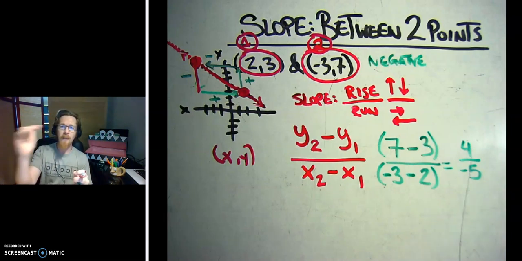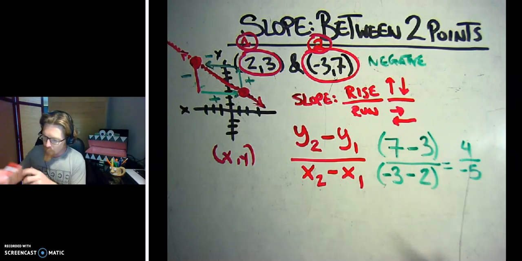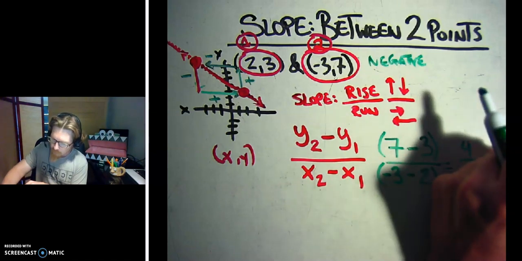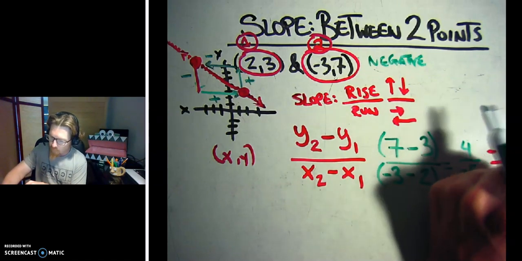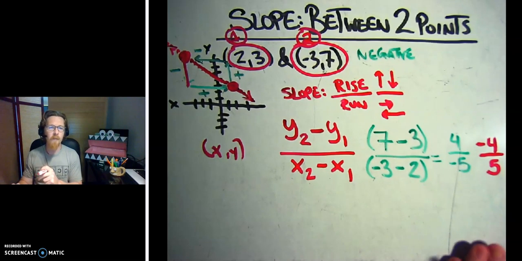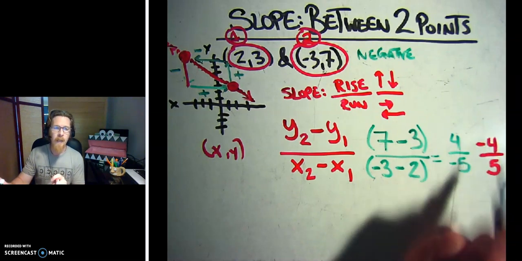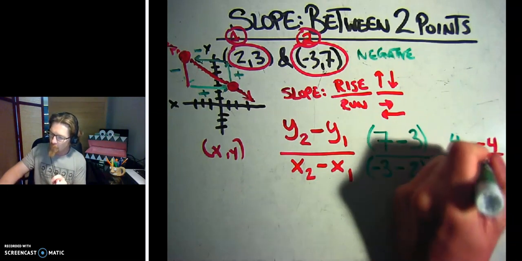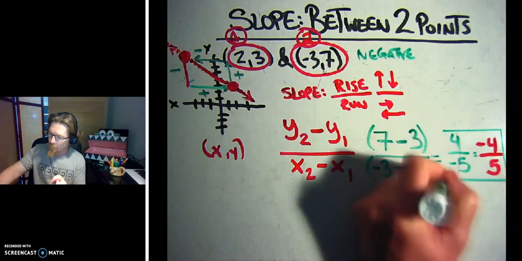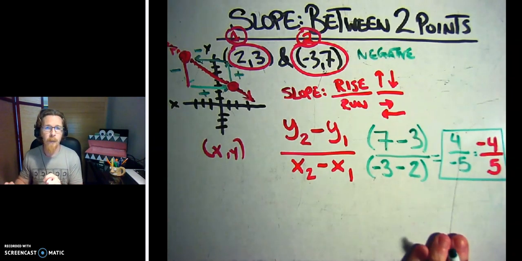And so that's up and left. But because we want to reference it as right, I'm going to instead put the negative with the 4 and the positive with the 5 and call this a negative 4 over positive 5. This tells me that I go down 4 and I go right 5. Now both answers are acceptable, but I like the negative 4 over 5 a little better.